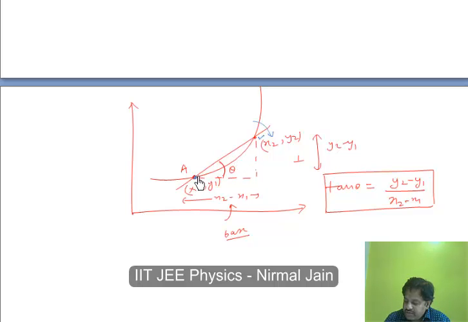If I rotate this line about this point x1, y1, that is A, then this line will become kind of this, and the x2, y2 point will be here.